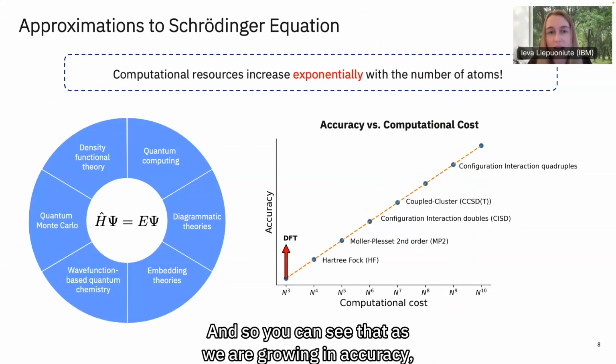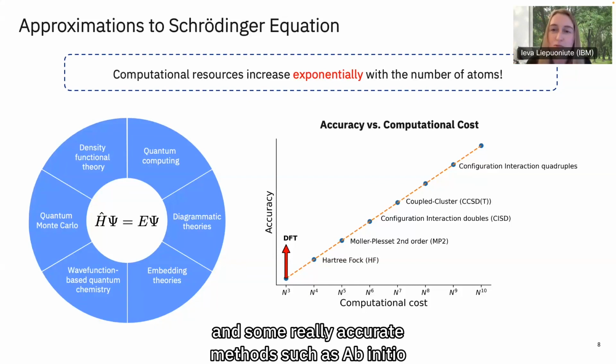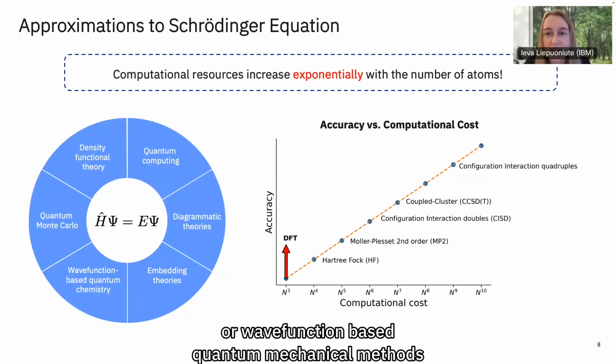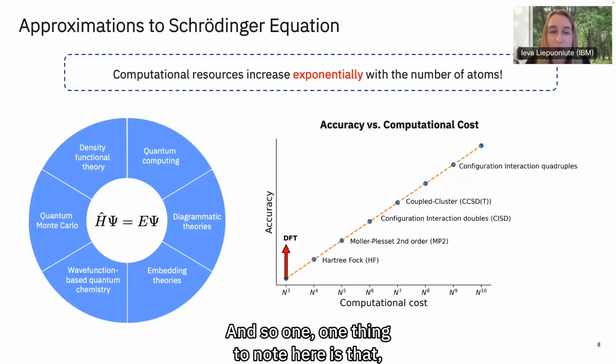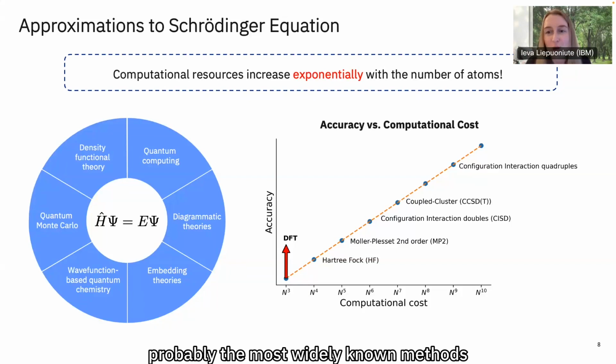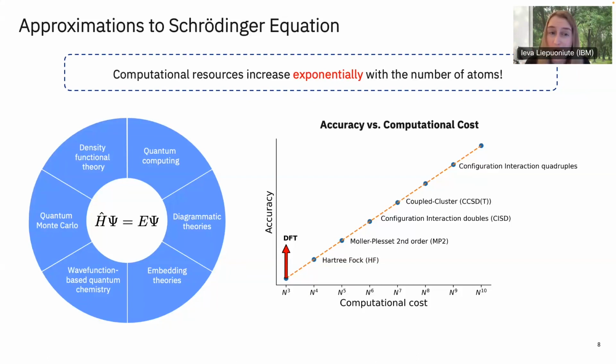And so you can see that as we are growing in accuracy, we're actually growing in computational cost, and some really accurate methods such as ab initio or wave function based quantum mechanical methods have very high computational cost. And so one thing to note here is that probably the most widely known method, density functional theory, is important to highlight because this method provides relatively high accuracy for relatively low computational cost.